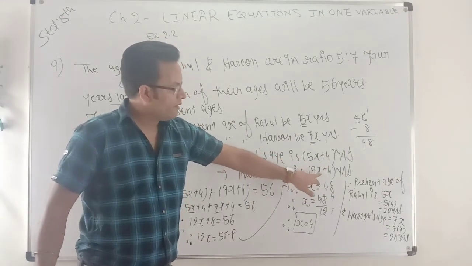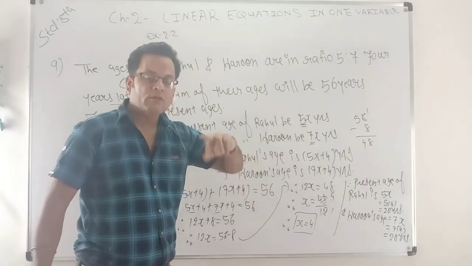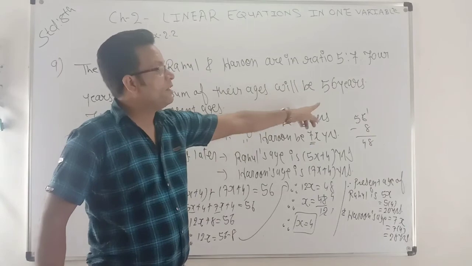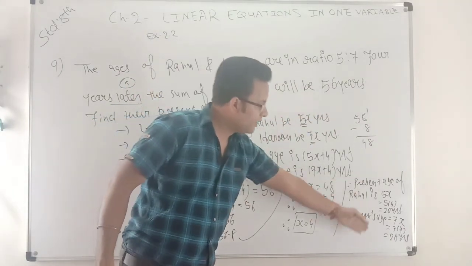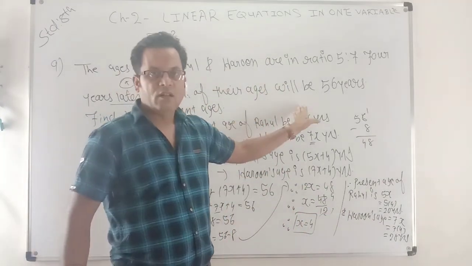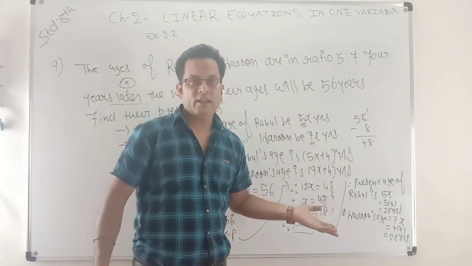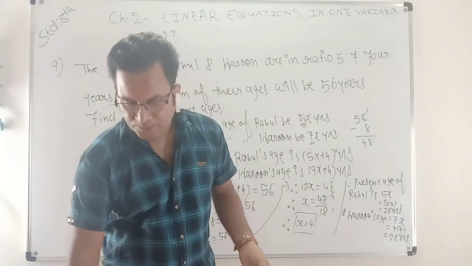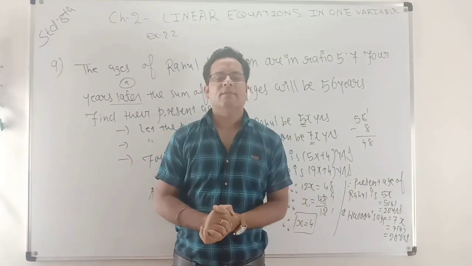Here 7 4s are 28 plus 4, 32. So 24 plus 32, that will be the given sum 56. Okay, so here don't make a mistake on that. Making addition of the present values, we don't reach the answer, because in the question it is clearly told that after 4 years. Okay, so this is about exercise 2.2's some important sums.